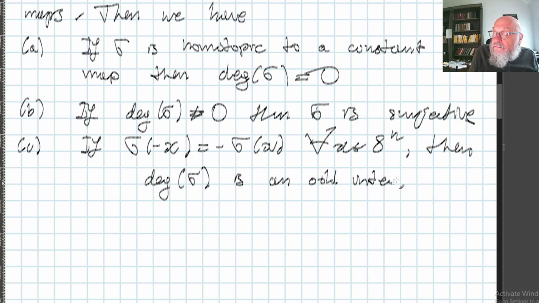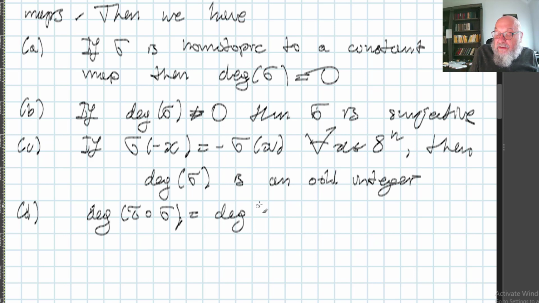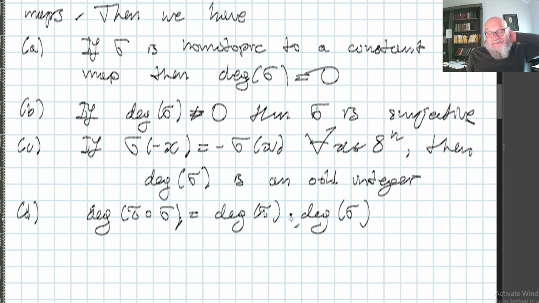And finally D, degree of tau sigma is equal to degree of tau times degree of sigma. Good. So that's the statement.